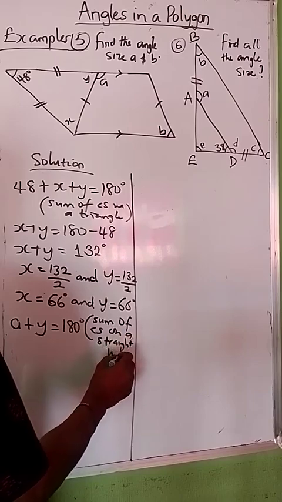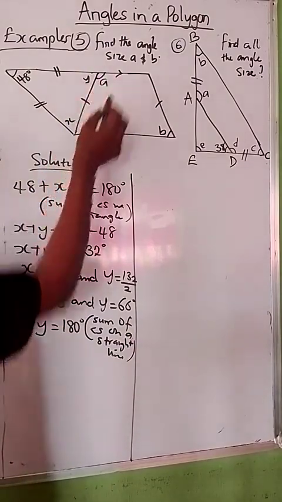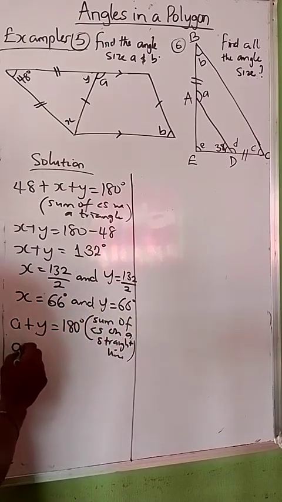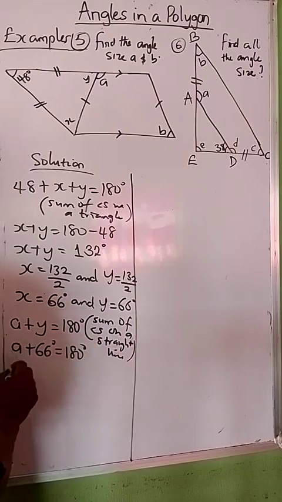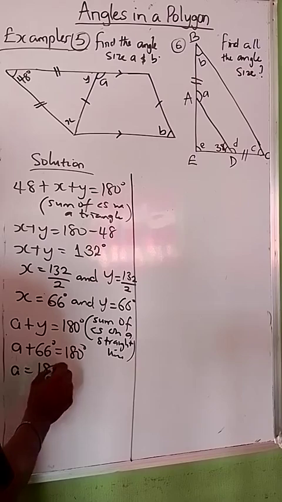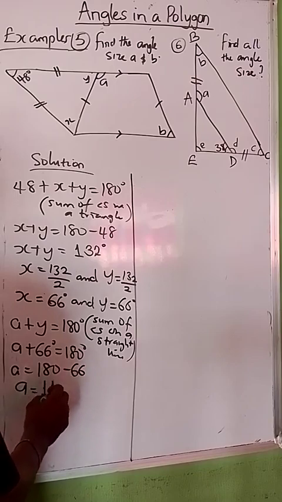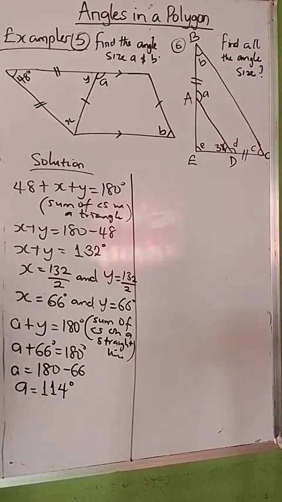That's why the addition is 180, because it's a straight line. So since y is 66, we have A plus 66 equals 180 degrees. Then A equals 180 minus 66. So our A equals 114 degrees.